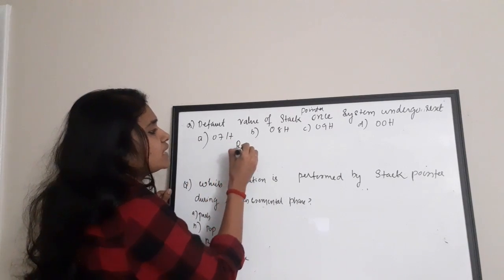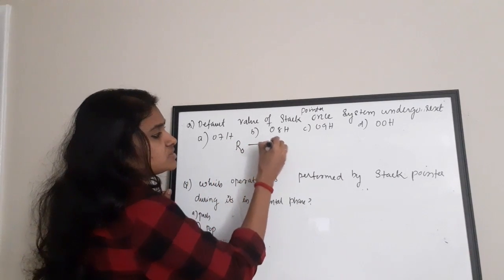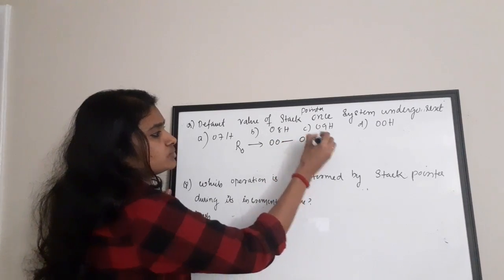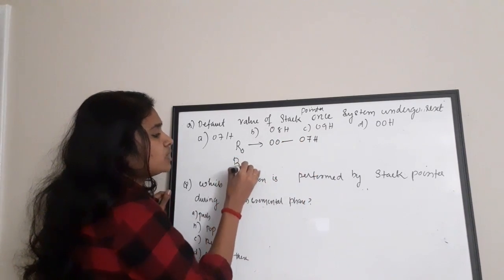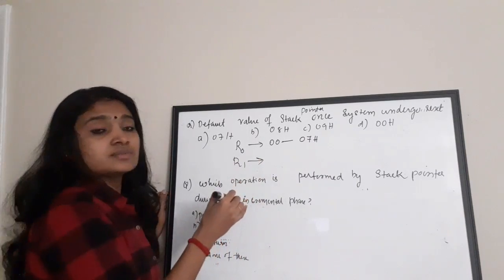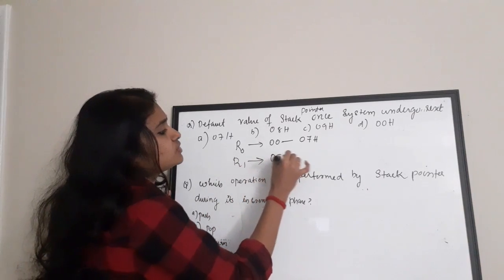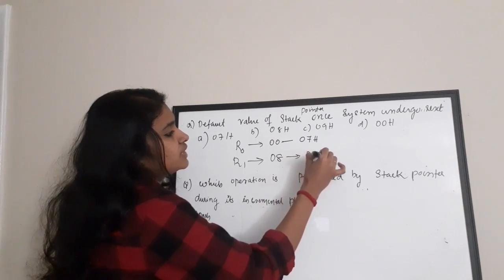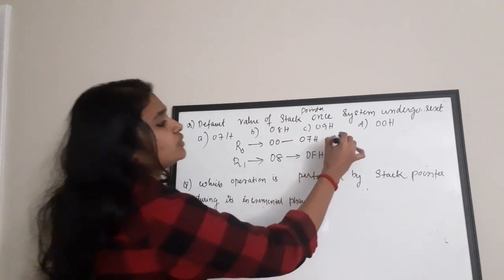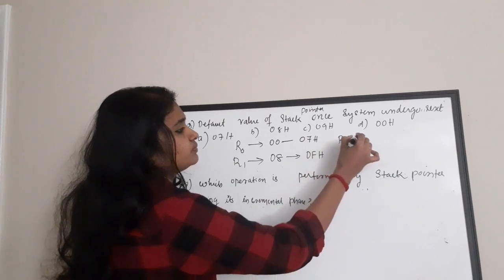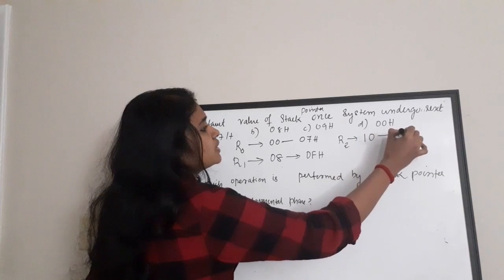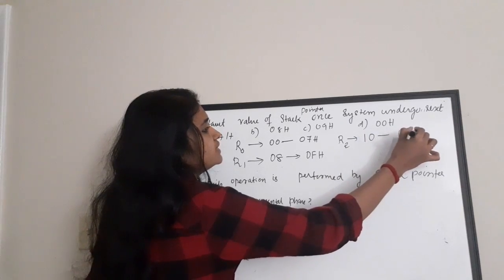So for R0, the memory locations are from 00 to 07H. And for register bank 1, it is 08 to 0FH. And for register bank R2, it is from 10 to 17H.